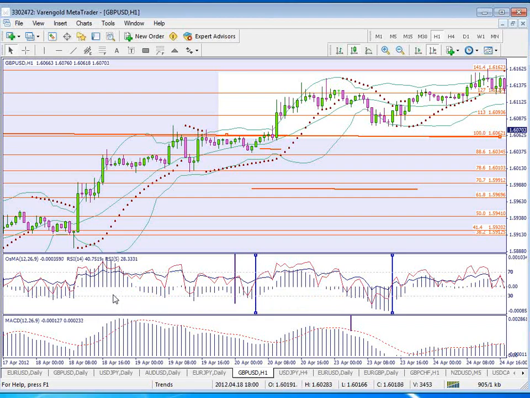The rest of the indicators just help me to have an idea about the trend. Oscillator of moving average and MACD are indicators for trend. Also the trend lines and also the SAR that I have here. So for me the important thing is this cross.